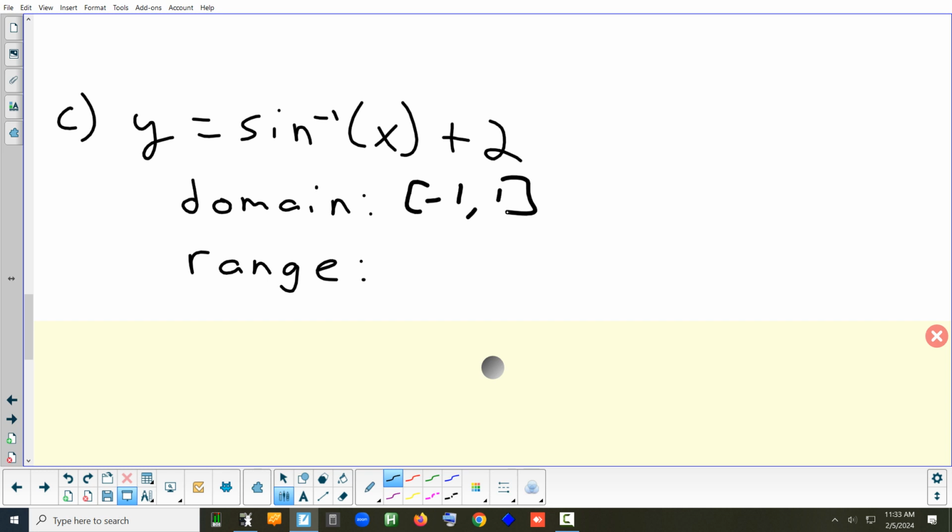There's not really a nice way to write that, other than just -π/2 plus 2 to π/2 plus 2. And you could find a common denominator and put it together. So you can make it (π plus 4)/2. Any question on that?